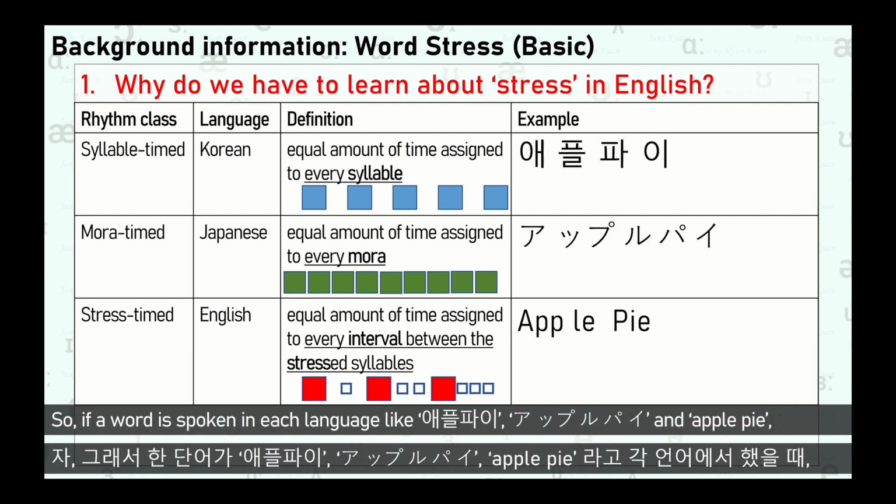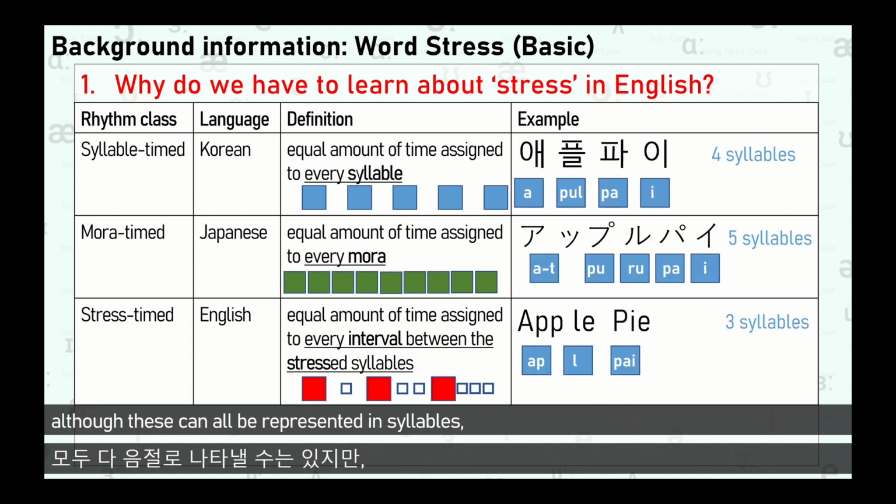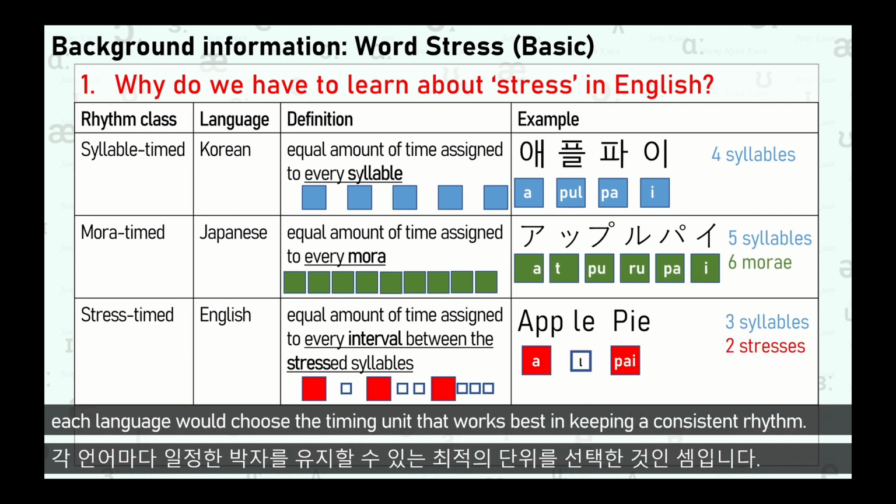So if a word is spoken in each language, like "apple pie" and "apple pie," although these can all be represented in syllables, each language would choose the timing unit that works best in keeping a consistent rhythm.